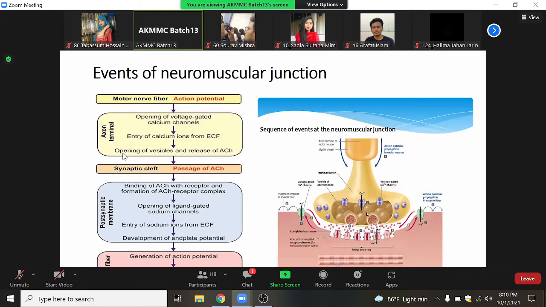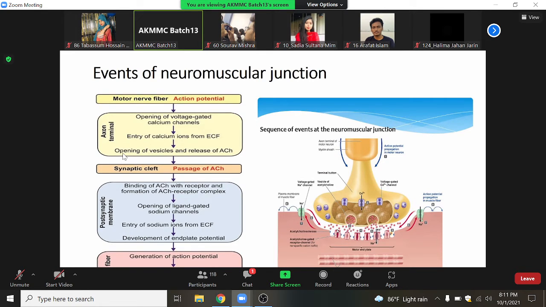This calcium then causes opening and release of some vesicles which are present in this terminal axon, and this vesicle releases acetylcholine in the synaptic cleft. This is the synaptic cleft. This is the junctional area of the muscle and the nerve.